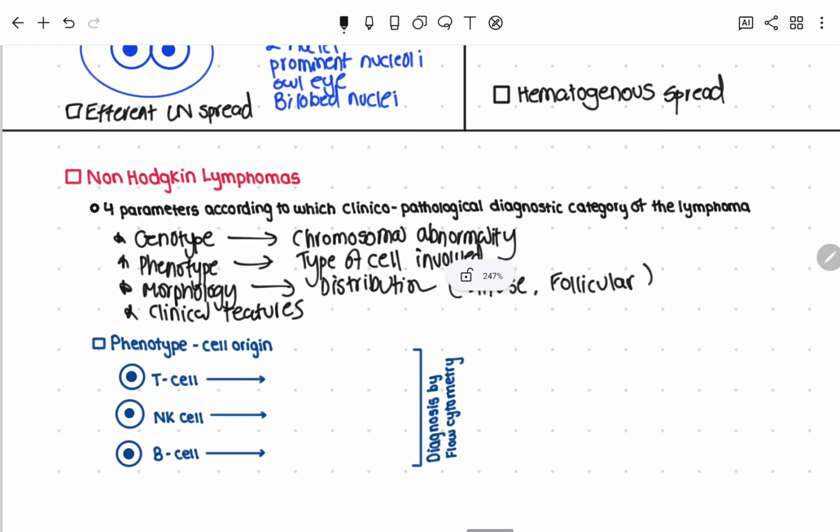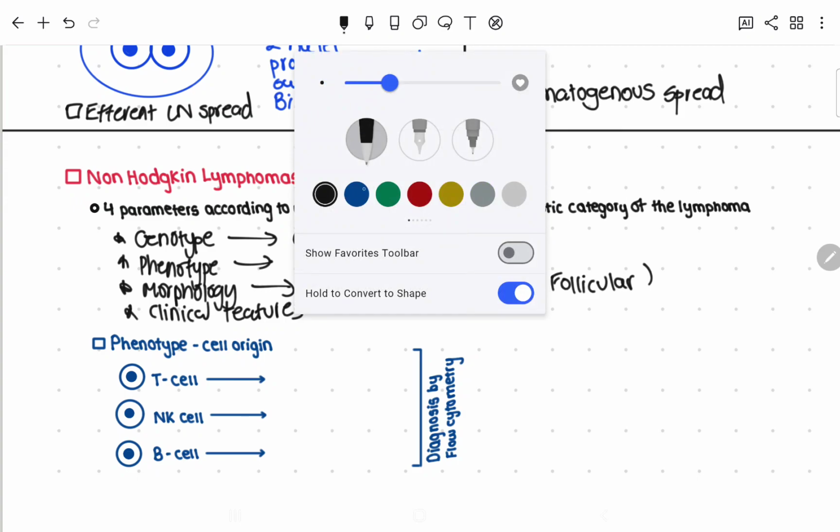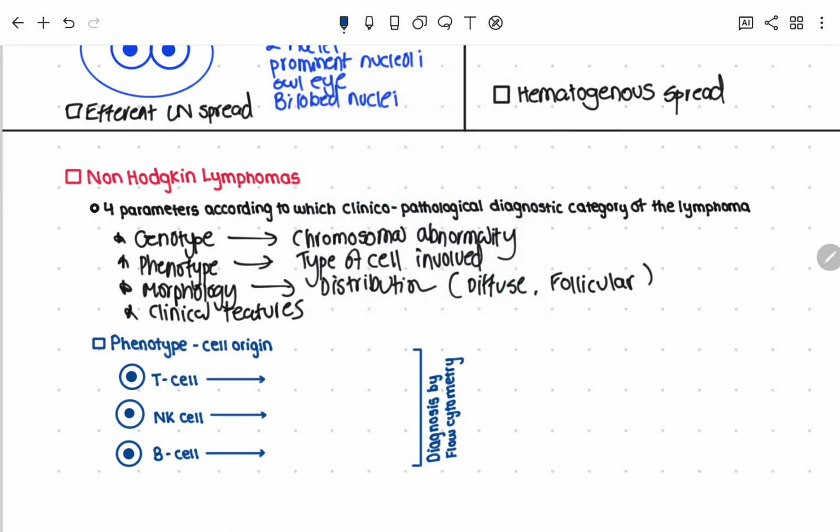But what you really want to do is be able to tell which CD surface antigens are present on T cells, NK cells, and B cells. And this is how diagnosis is actually done through flow cytometry. I'm not going to go through the mechanism of how flow cytometry works, but all you need to know is that it uses the antigens present on the surface of these T cells, B cells, and NK cells, the CD cluster of differentiation proteins, to differentiate between them.